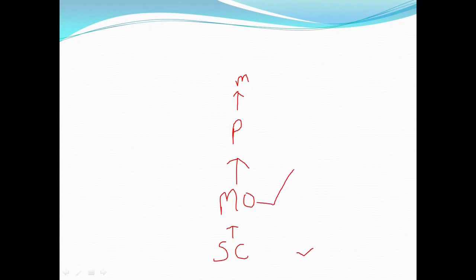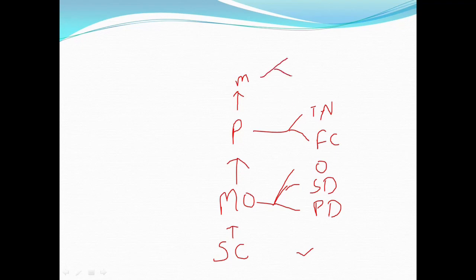In the medulla oblongata, we studied three important levels: the level of pyramidal decussation, sensory decussation, and the level of the olive. For the Pons, we studied the level of the facial colliculus and the trigeminal nerve nucleus. And for the midbrain, we studied the inferior colliculus and superior colliculus.